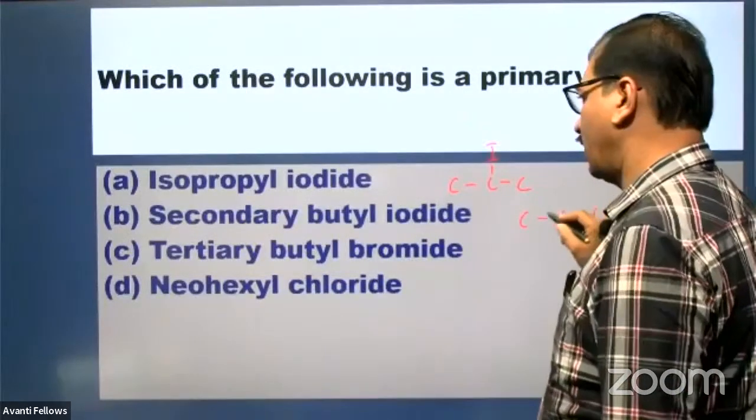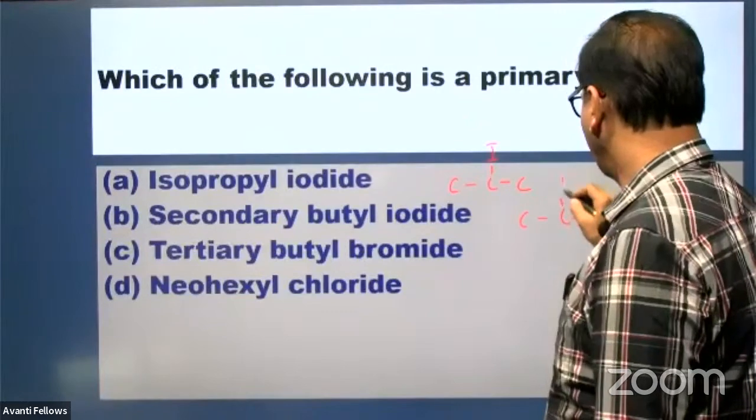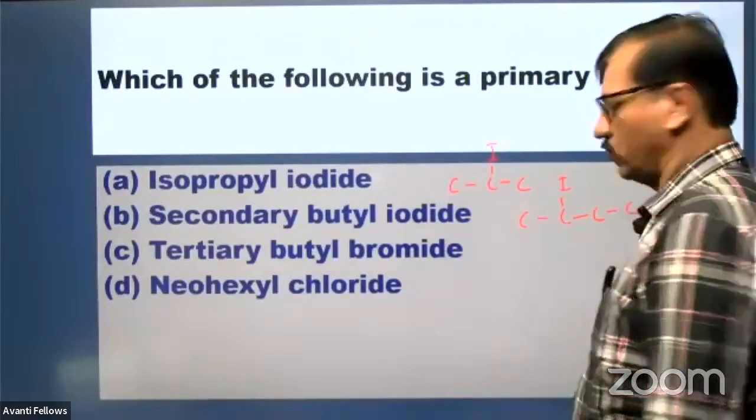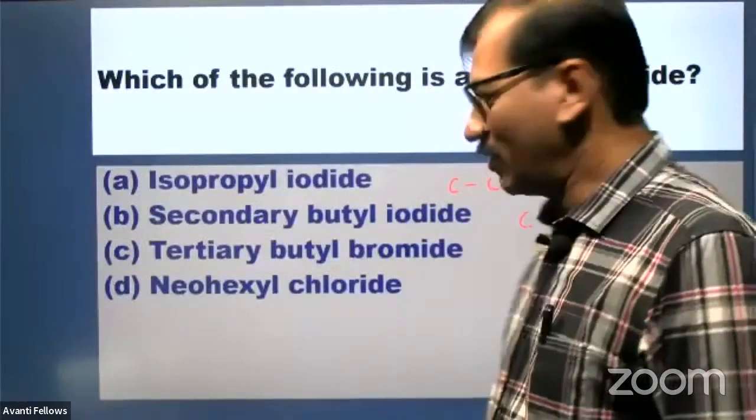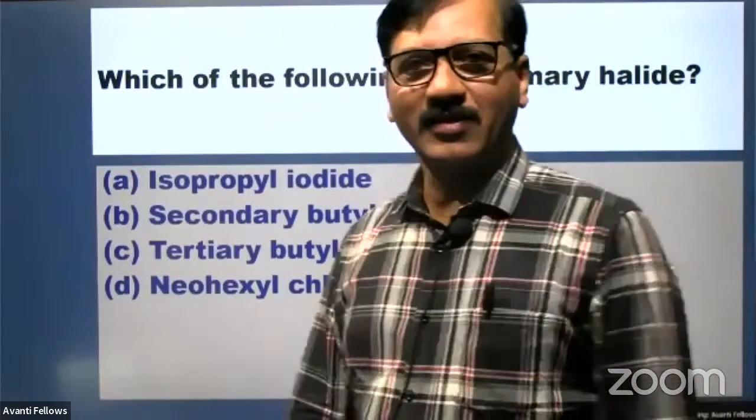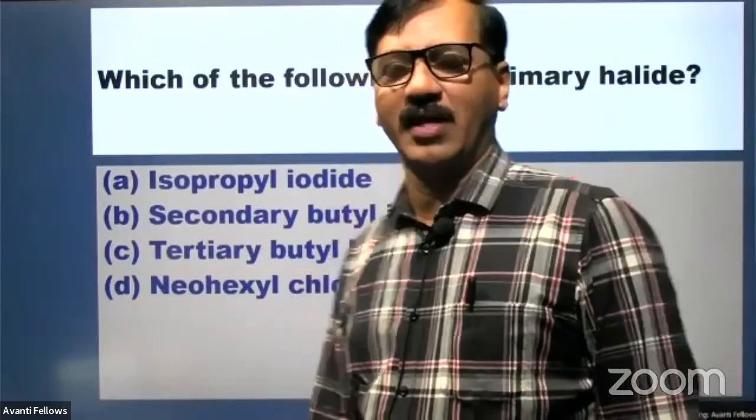Sec-butyl iodide. The carbon is secondary butyl. Tertiary butyl. In the same way, write the structure and see which is the primary halide.